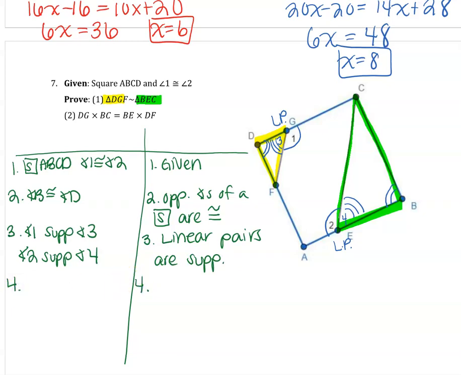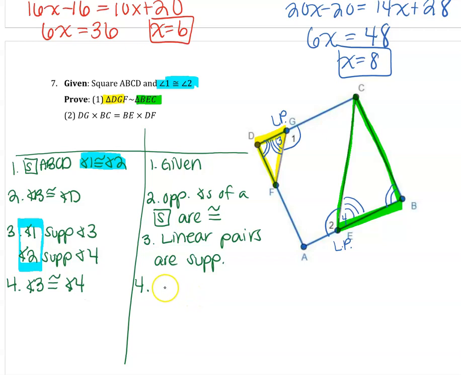Now, based on our given here, guys, we know that angle 1 is congruent to angle 2. So check that out. If 1 and 2 are congruent, then it must be true that angles 3 and 4 must be congruent. So I'm going to go ahead then and say angle 3 is congruent to angle 4.